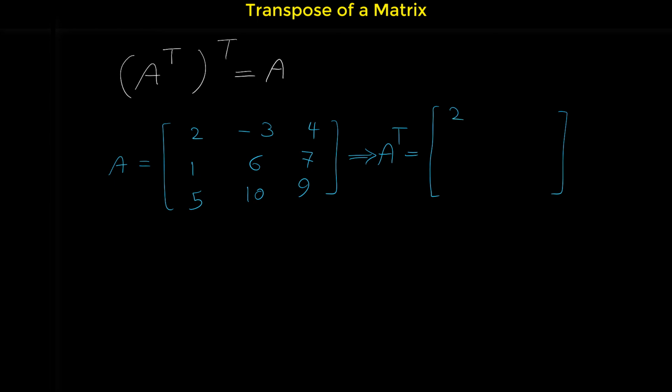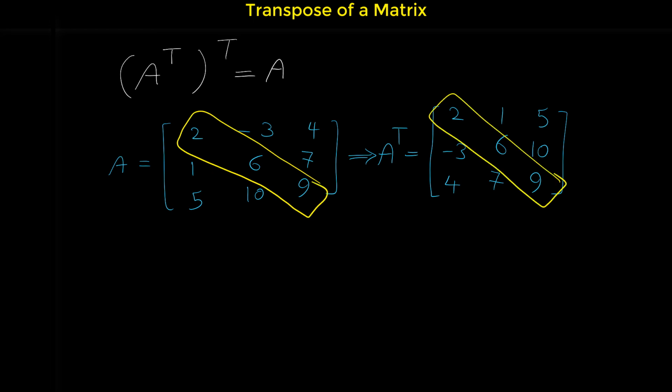That matrix is 2, 1, 5, -3, 6, 10, 4, 7, 9. What happens when we transpose a square matrix is that, first of all, the elements on the diagonal, 2, 6, 9, the position of these elements doesn't change. Always these elements keep their position.